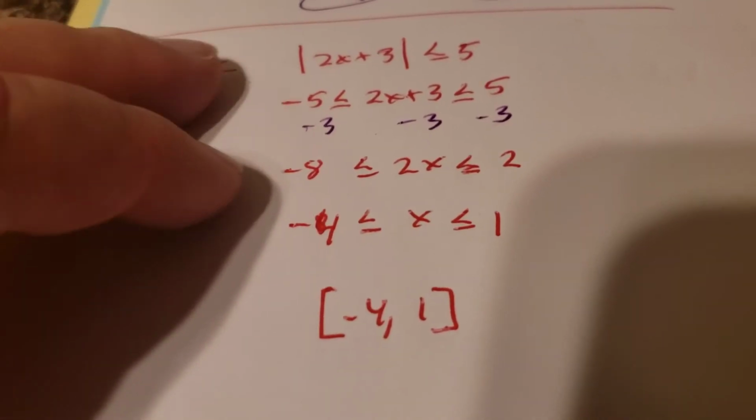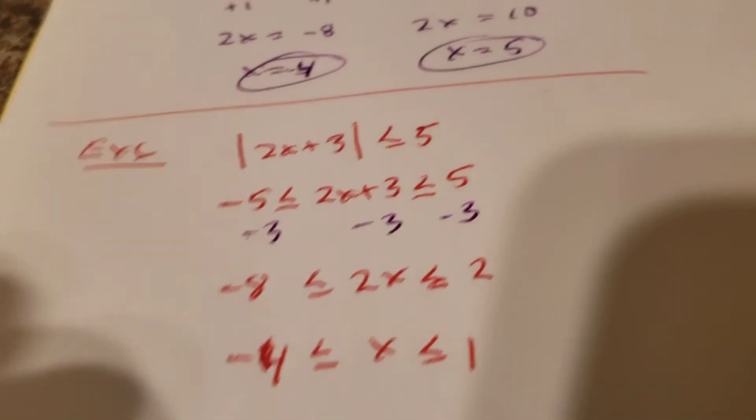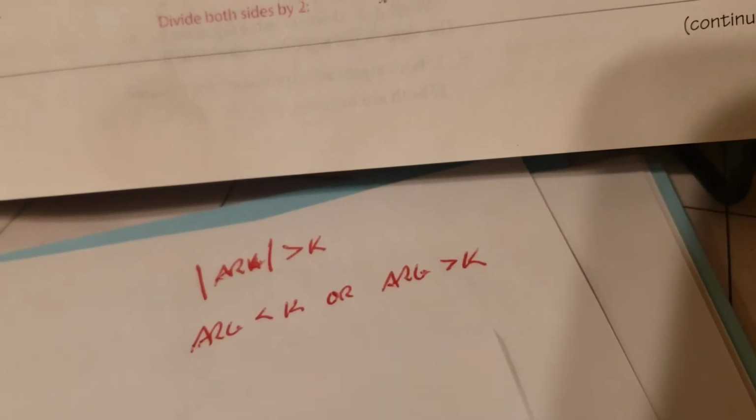All right, let's get a chance to use this last one. So hopefully you remember it. Absolute value of an argument greater than k, and that's how you free the argument, but I wrote it down on this paper just the same.